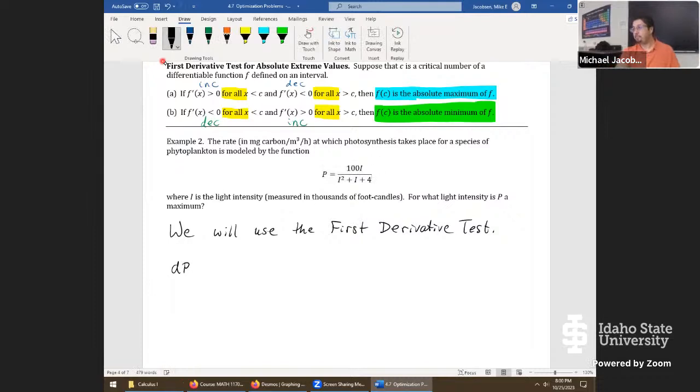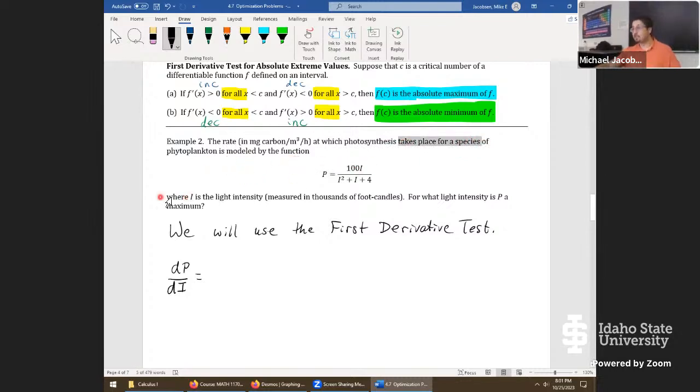We need the derivative of P with respect to I. But maybe before we even calculate that, let's kind of inform ourselves of what is all this stuff. It says the rate in milligrams of carbon per cubic meter per hour at which photosynthesis, so that's why there's a P function here for photosynthesis, takes place for a species of phytoplankton is modeled by this function.